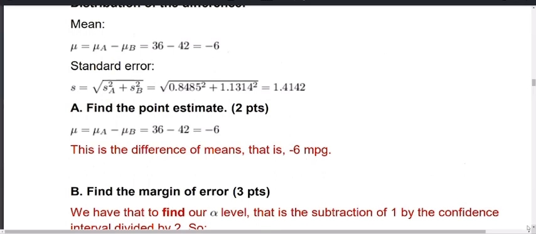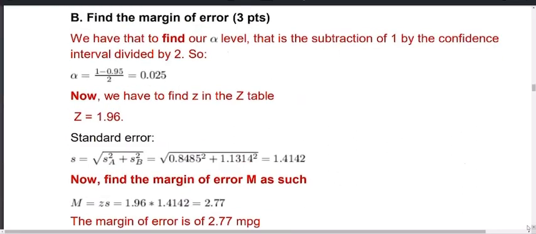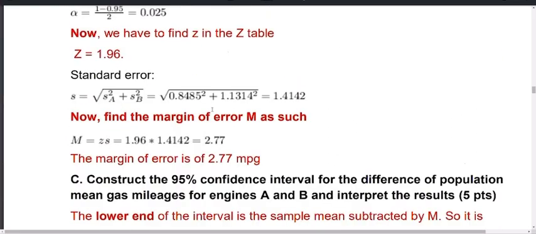Now, what about the margin of error? The margin of error is just your Z, what you check from the table, multiplied by this part.